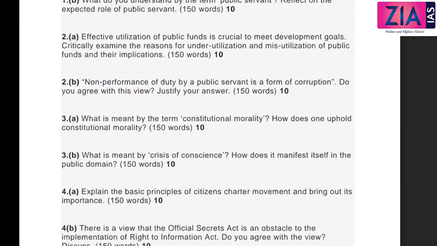Otherwise you can use the ethical principles also. What are the ethical principles related to performance of duty that we have discussed? We have discussed Kantian deontology, right? Kantian principles we have discussed. We have also discussed the Gandhian concept of duties and rights. Both are in fact almost the same, Kantian and Mahatma Gandhi's principles.